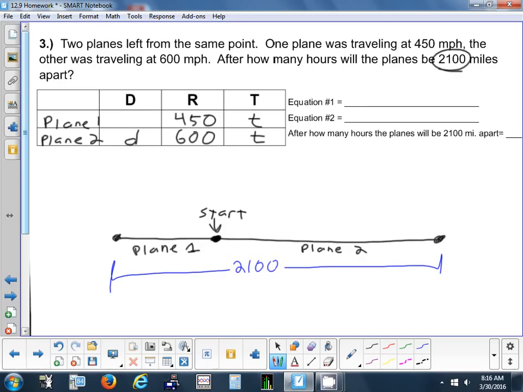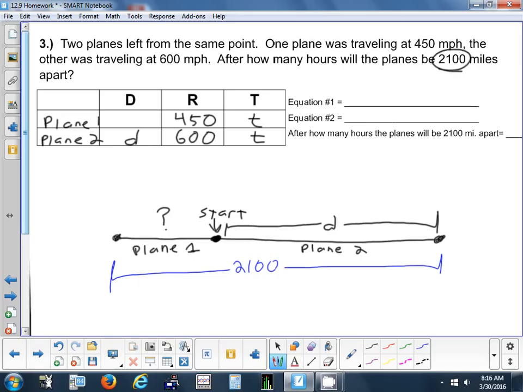All right, so plane 2, how far is plane 2 going? What do we label it as in that box? D. So this section is D. Now, Mr. Roy just gave you a hint. We have to figure out what this section is. That's what's going to go in this box.